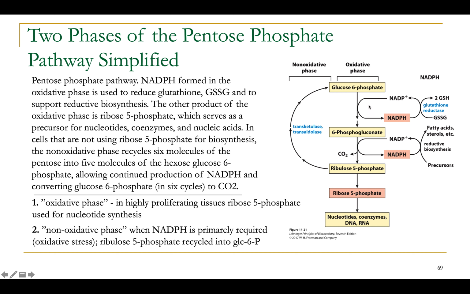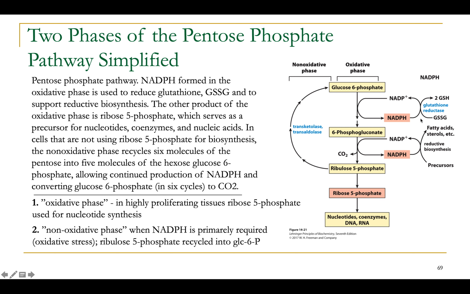An important byproduct of the oxidative phase is the reduced form of the electron carrier called NADP, the phosphorylated form of NAD. In these two consecutive oxidation steps, two reducing equivalents in the form of NADPH are produced. And NADPH has several specific and important roles.